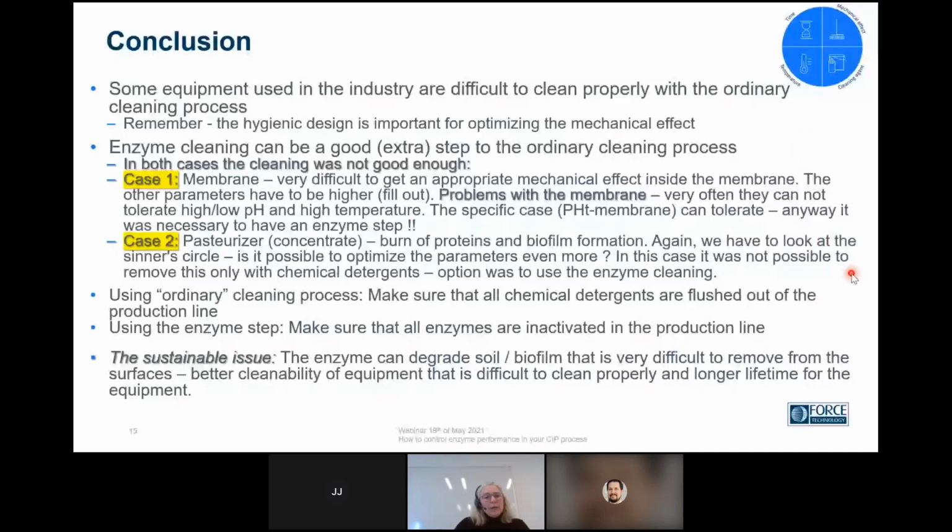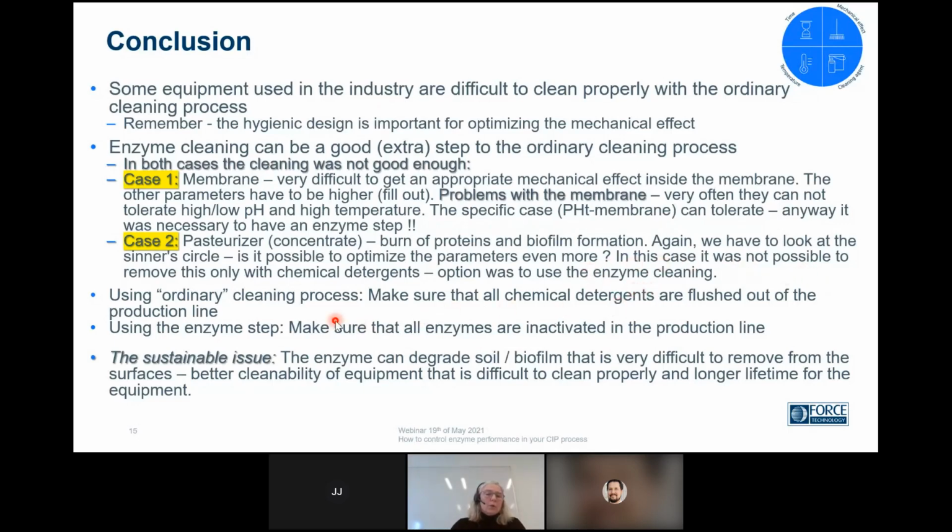In case 2, we have the pasteurizer with the concentrate. We have burnt proteins and biofilm formation. And again, we have to look at the center circle. Is it possible to optimize the parameters even more? In this case, it was not possible. So we have to use the enzyme cleaning.